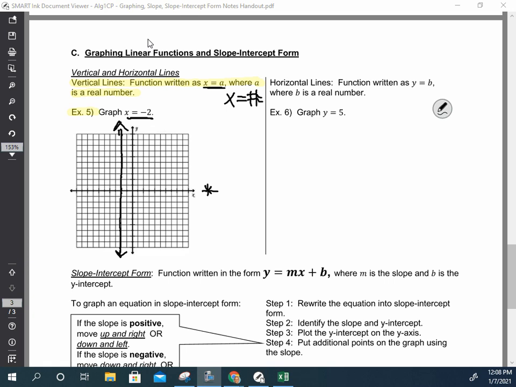They told you that x was equal to -2. Go over to where -2 is, draw that vertical line. That's a vertical line.